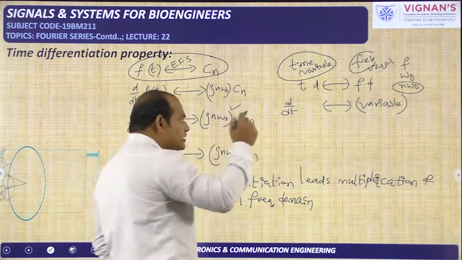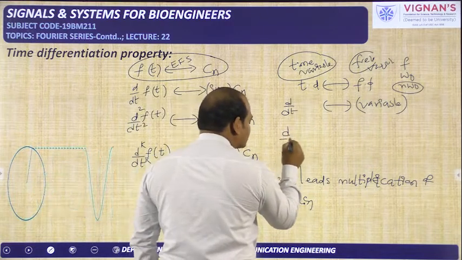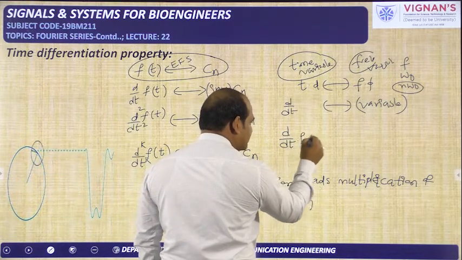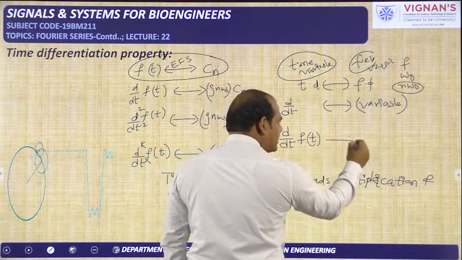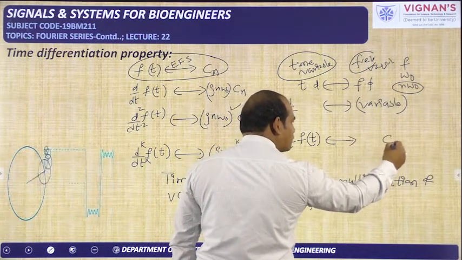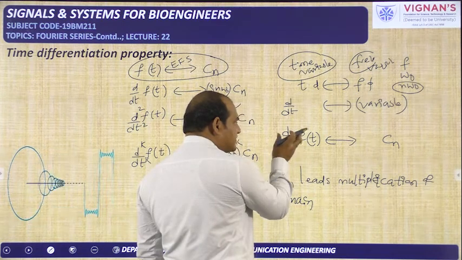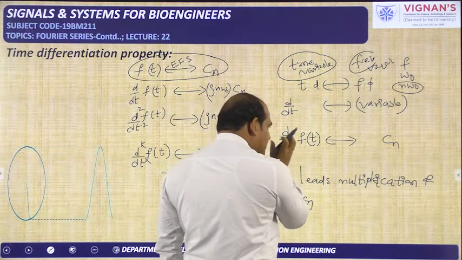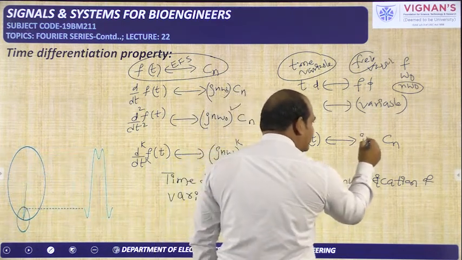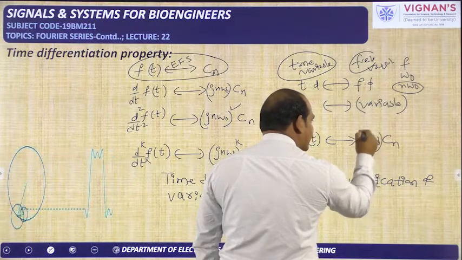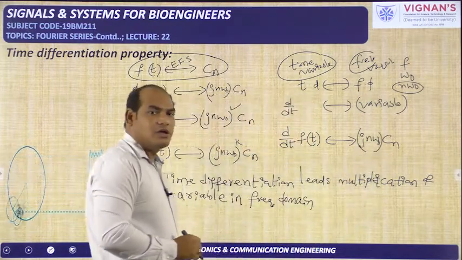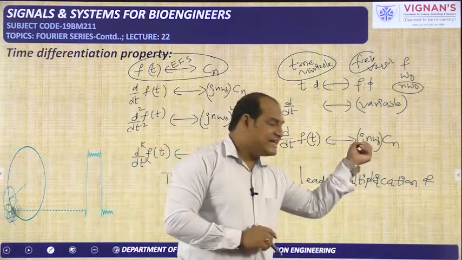So we are doing the differentiation in the time domain like this, d by dt of f of t. Generally f of t has the coefficient Cn. Because of this differentiation in the time domain, we need to multiply with the variable, that is jn omega naught. You may doubt why we take n omega naught.